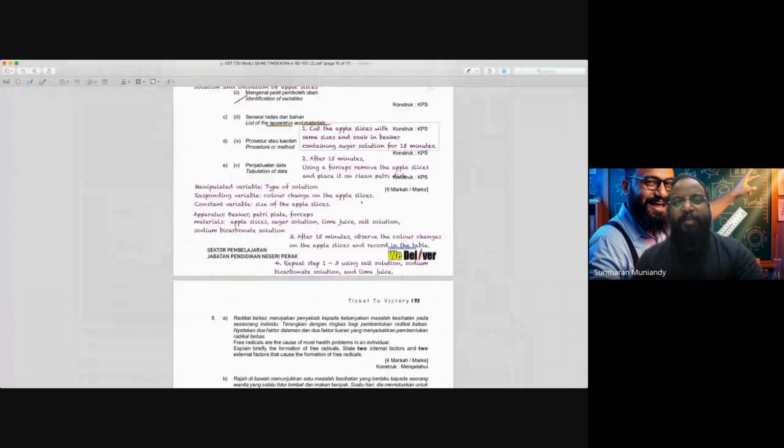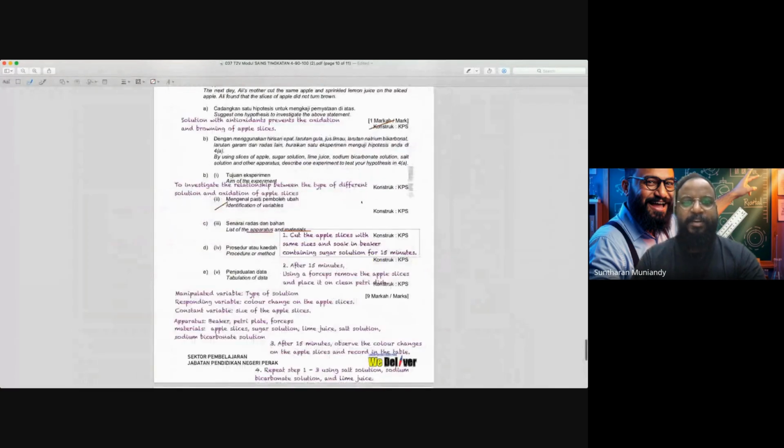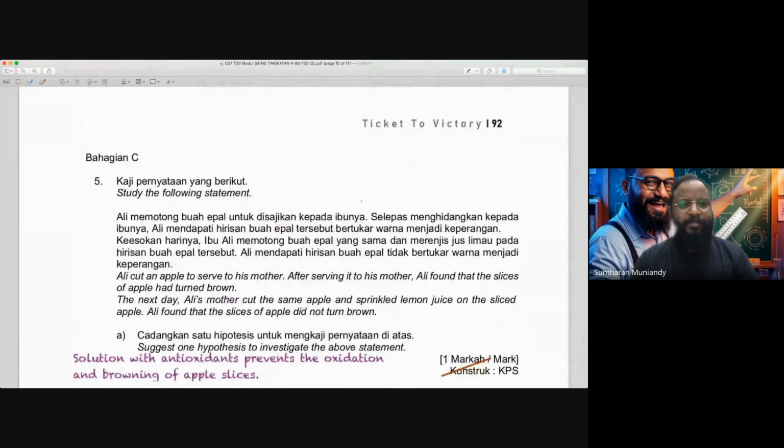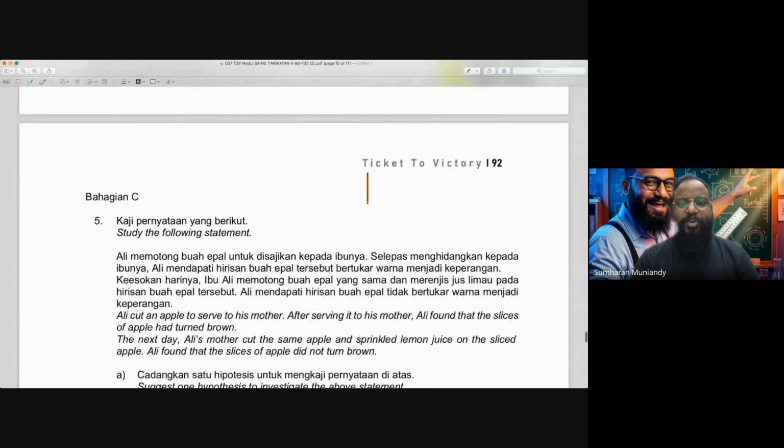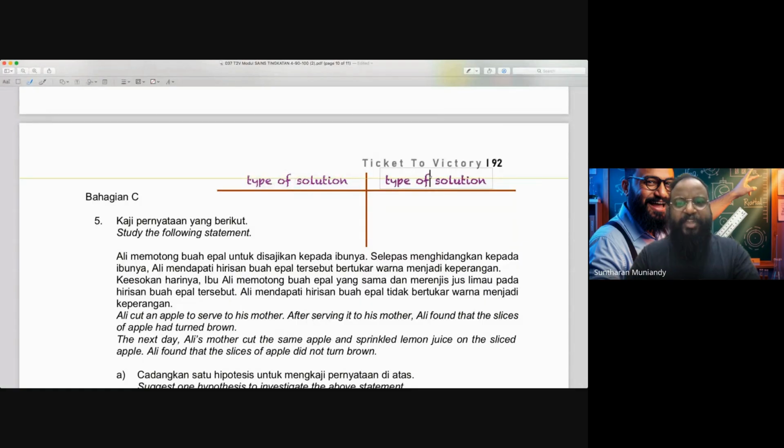So for tabulation of data, I create here. So I put my responding variable and manipulated variable. That is the main thing I should have. So over here, I put my manipulated variable, which is type of solution. And then I write here condition of the apple slices.